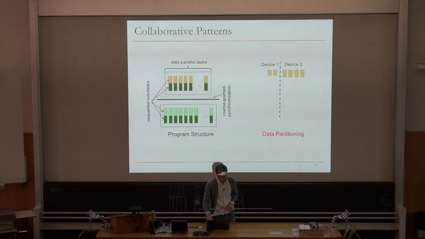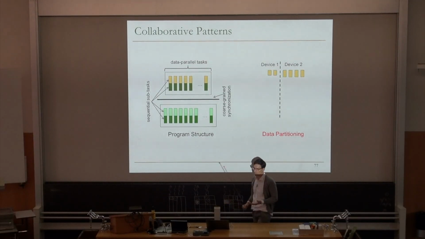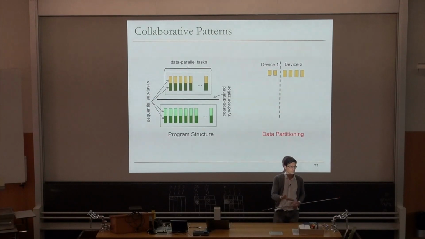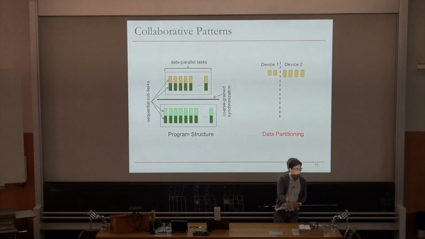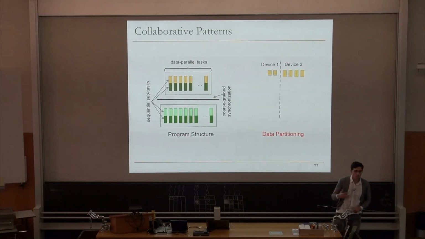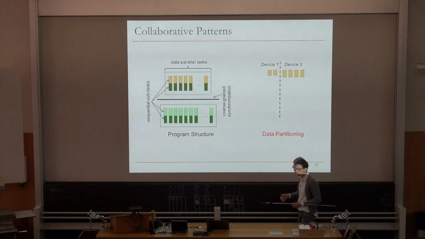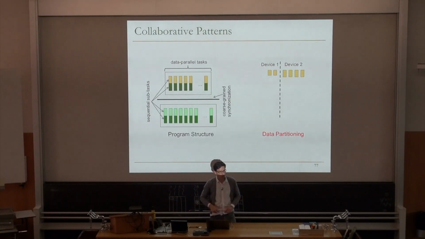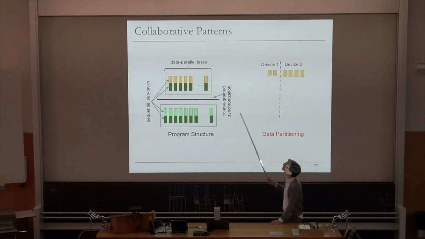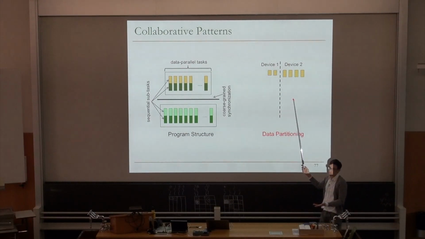In the data partitioning pattern, we assume that we have two devices, device 1 and device 2. In the scenario that we are discussing, these two devices are the CPU and the GPU, but they could potentially be a CPU and an FPGA, or a GPU, FPGA, and CPU, or maybe more than one GPU, even with different computing power. Because usually these two devices will be heterogeneous and asymmetric, we will have different execution times.